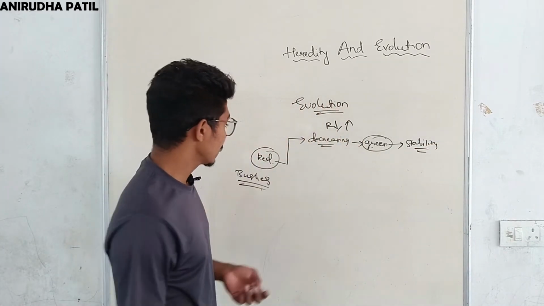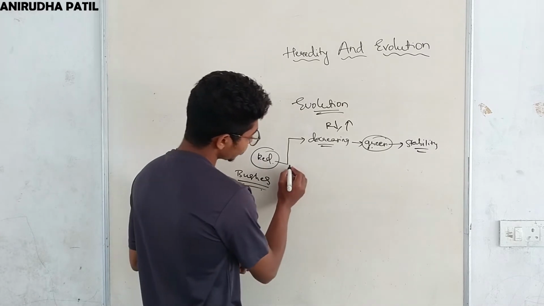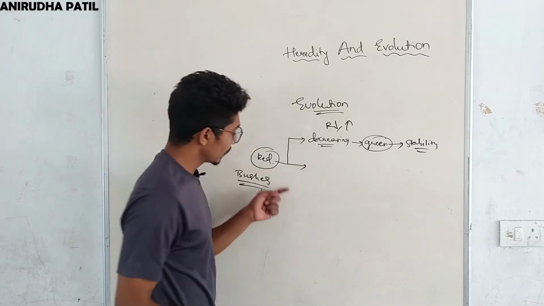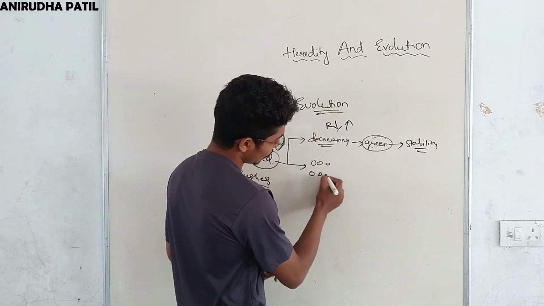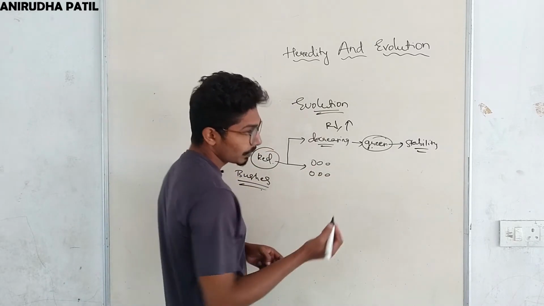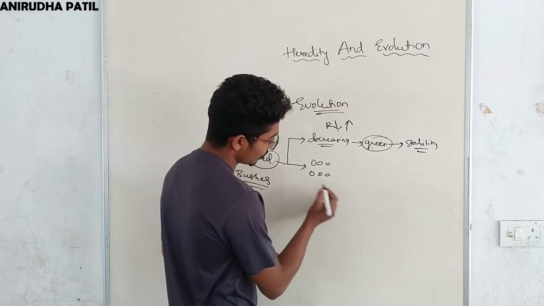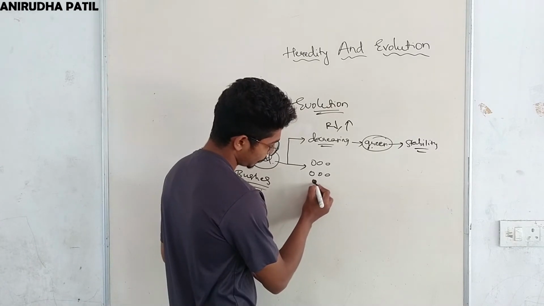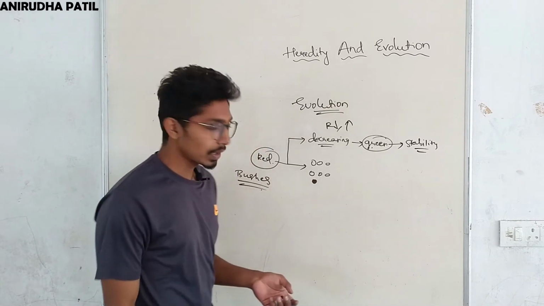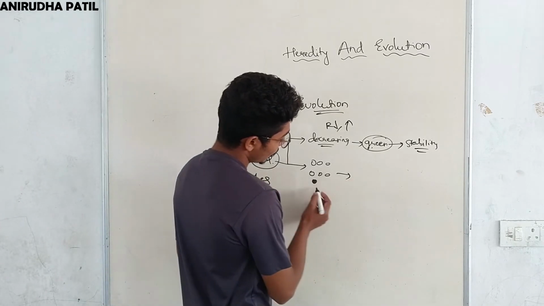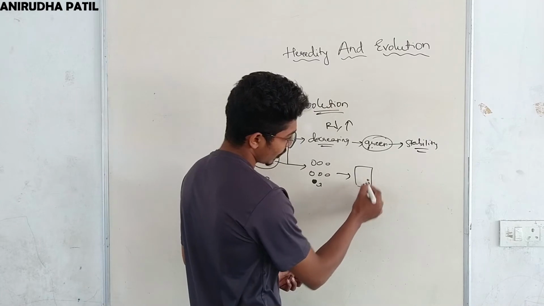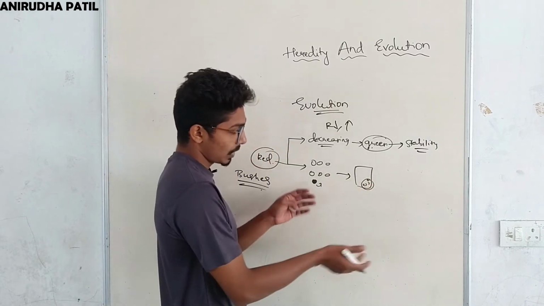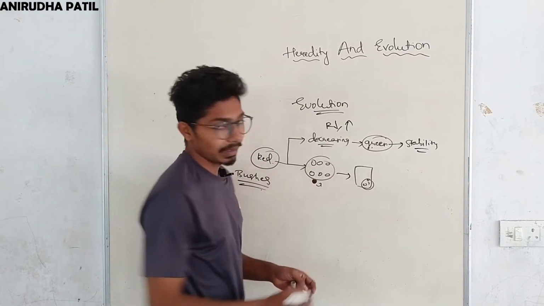Okay, now let's take the second case. Now the red beetle population goes on increasing, and due to small variation there exists a beetle which is blue in color. Slowly this blue starts increasing, but it has not achieved dominance over red yet.